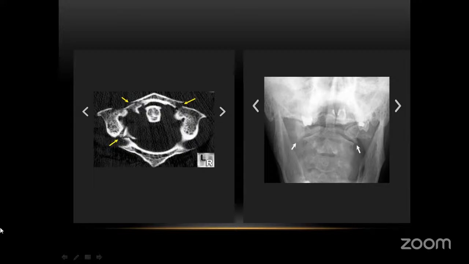This is the odontoid. This is C2. This is the odontoid of C2, and this is the body of C2.